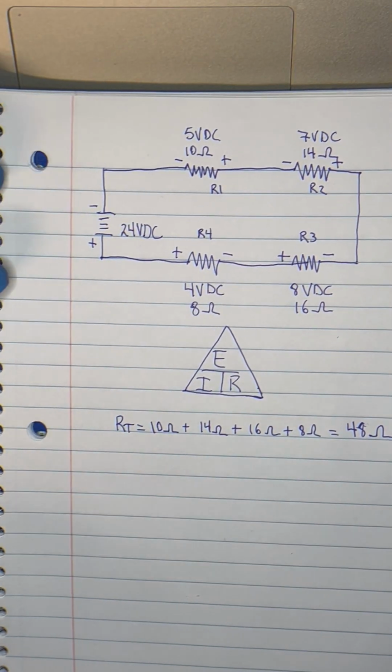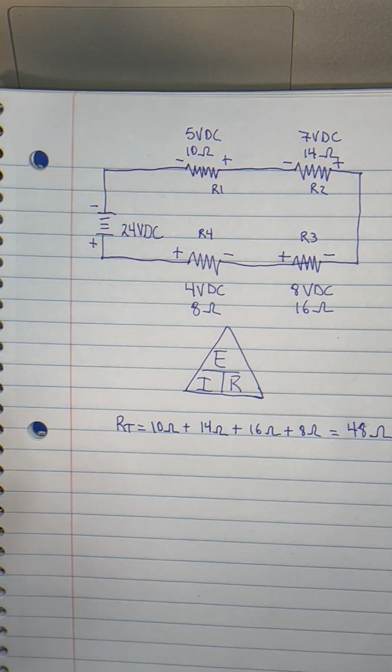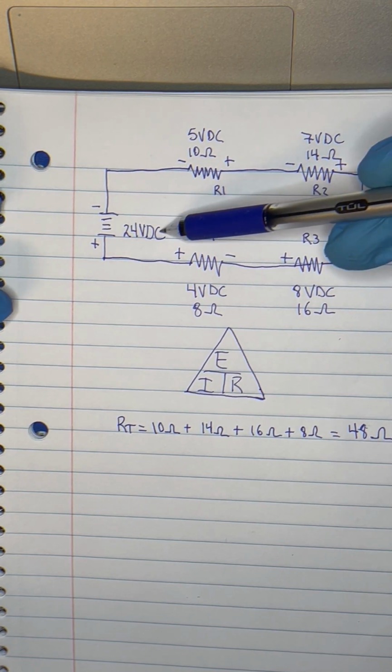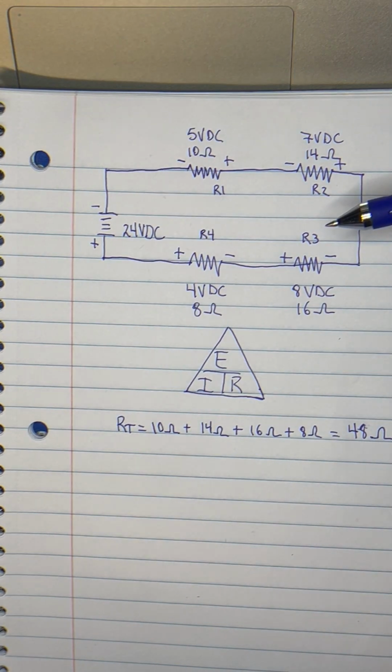So now that we got our total ohms, we can solve the circuit. We already know the total voltage. Calculating series circuit values.